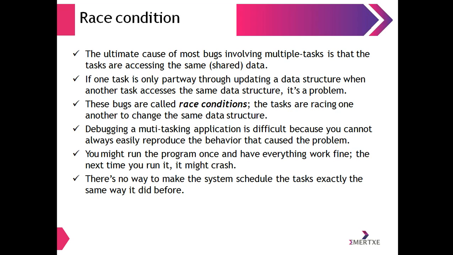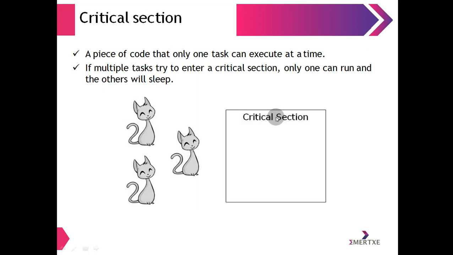So if we get back to the condition here, suppose this is the critical section where the data needed by these three tasks is placed. This is the critical section where the data which needs to be shared by these tasks is.